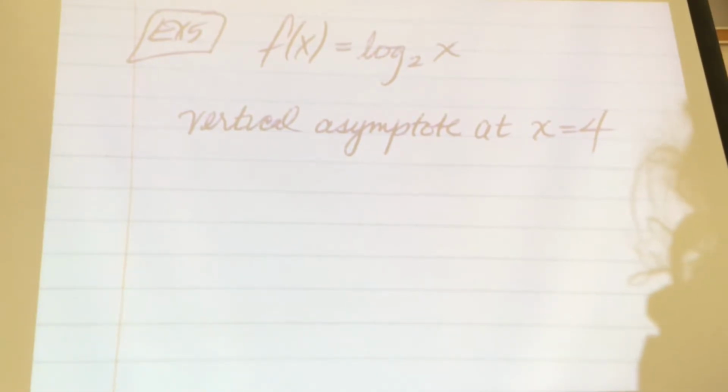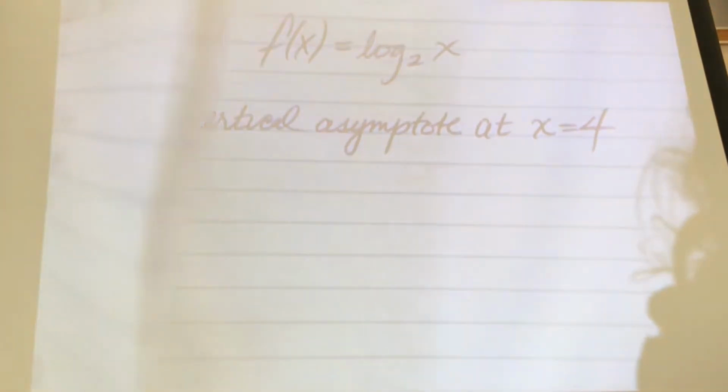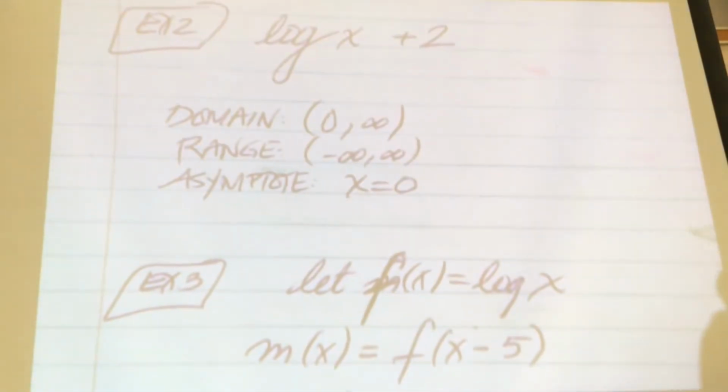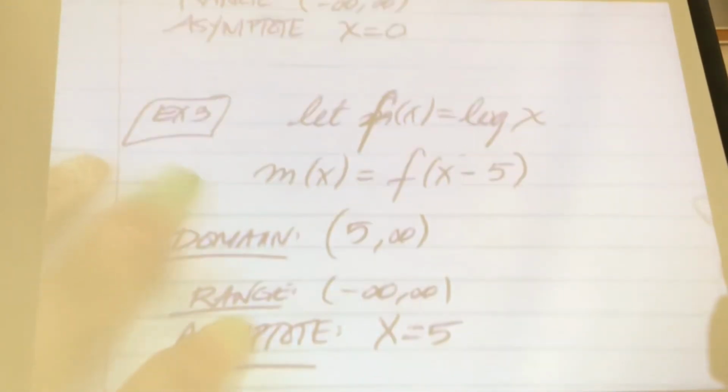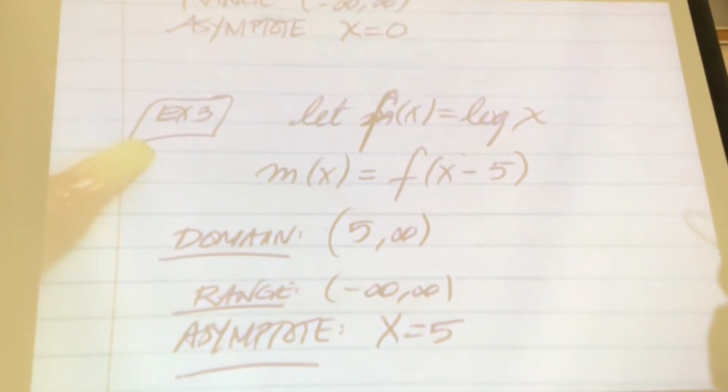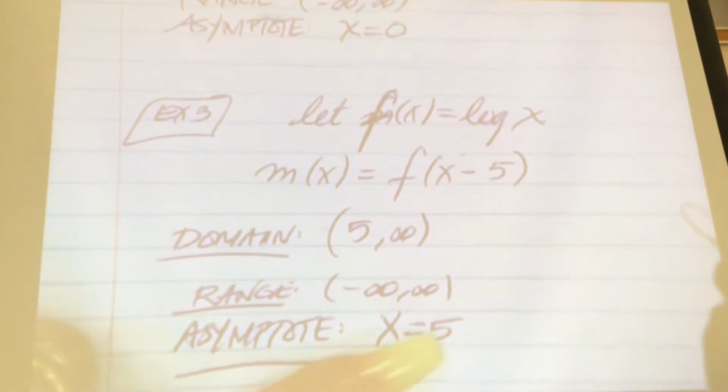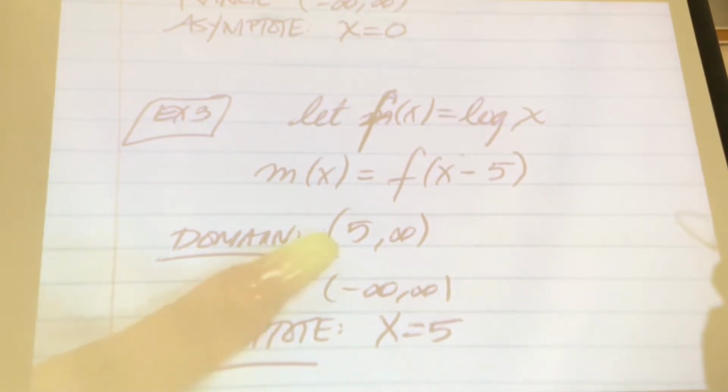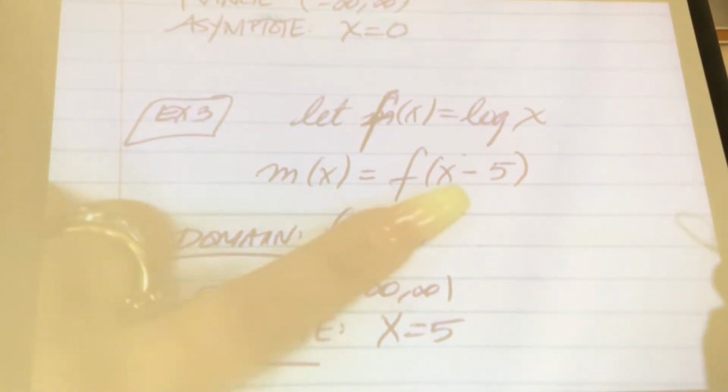So if you take a look at yesterday's notes, if I'm flipping, you should be flipping. For example, example 3 yesterday, I had an asymptote at x equaling 5. That means the domain was 5 to infinity because the actual argument was changed. When the actual argument is changed, you have an asymptote there.